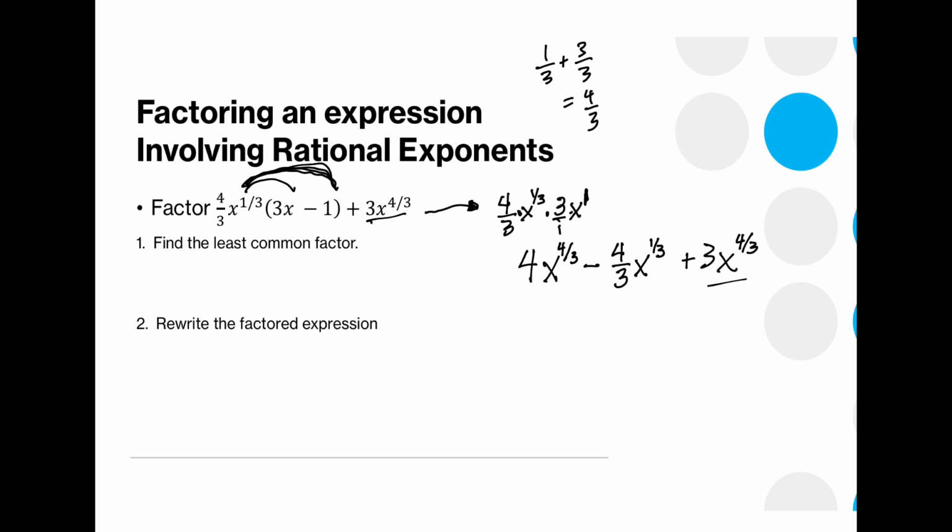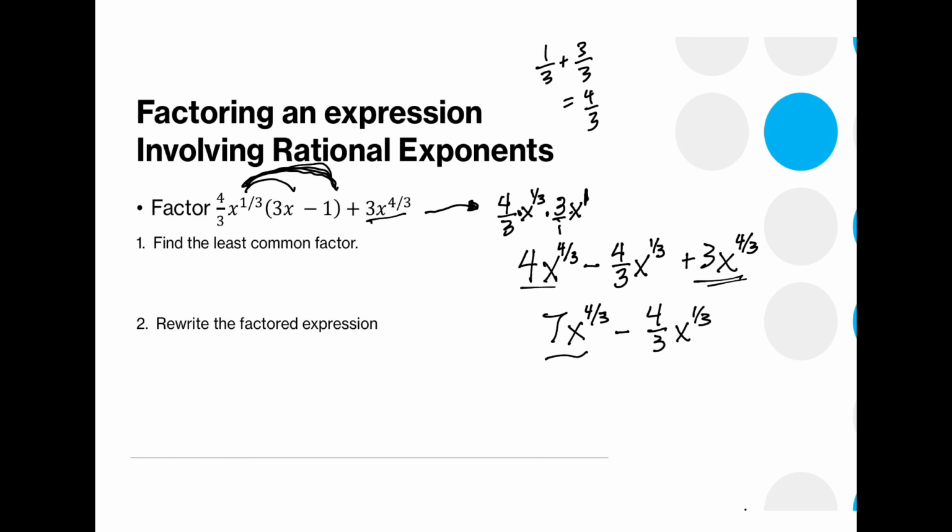Notice that these two terms are like, so I can add those together. So I'm glad I did this. I'm going to simplify this a whole lot just by being able to add these like terms here. Adding them together, we get 7x to the 4/3 minus 4/3 x to the 1/3.